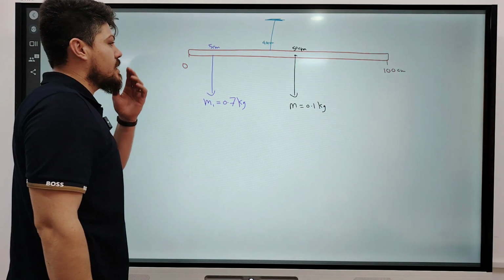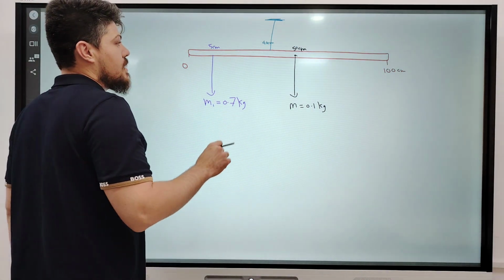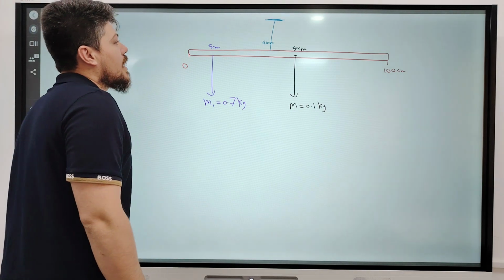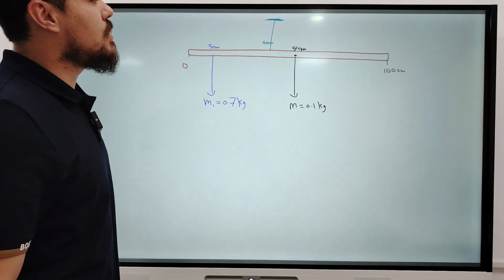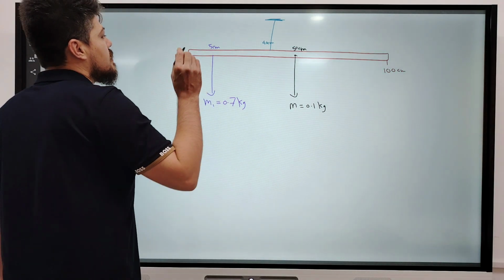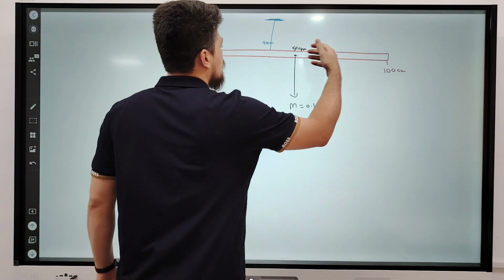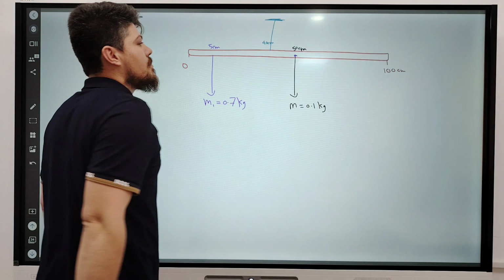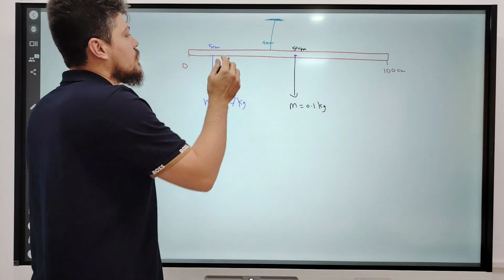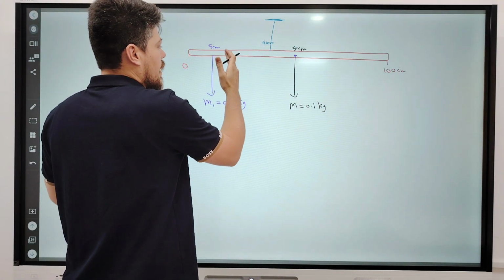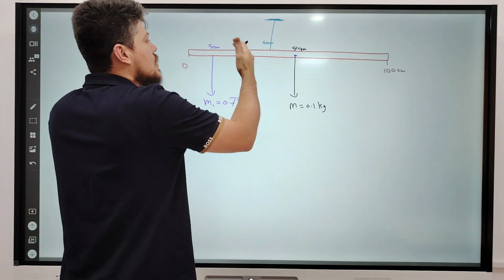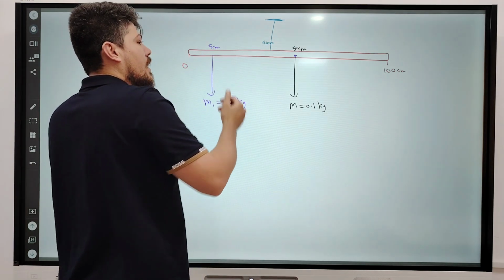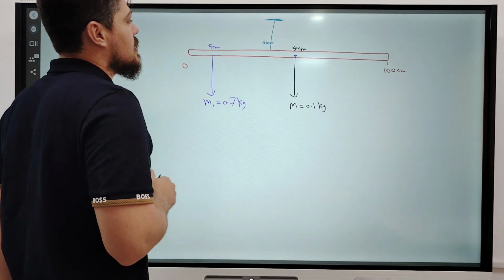Where should the second mass be suspended on the meter stick to keep the balance? Absolutely, the second mass is located on this other side, to make the balancing. Because if we suspend the mass on this side, the meter stick will try to rotate, and it won't be in equilibrium.